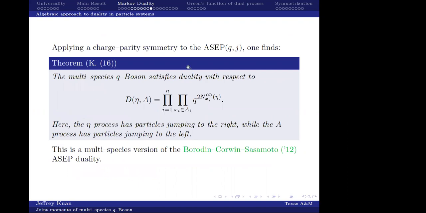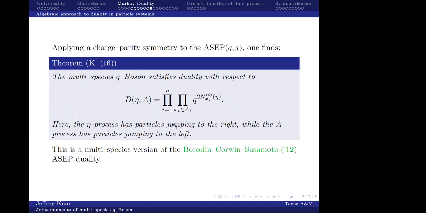So if you take ASEP(Q,J), so the asymmetry parameter is Q to the 2j, and you take j going to infinity, you get a totally asymmetric model, and you actually get the Q boson. And so if you just took that duality function and you take q going to 0, you get, sorry, if you take j going to infinity, you just get 0. So what you need to do is apply a charge parity symmetry. So you reverse the ordering of the particles, the direction of the jumps.